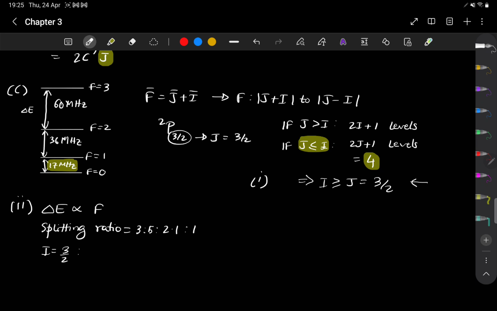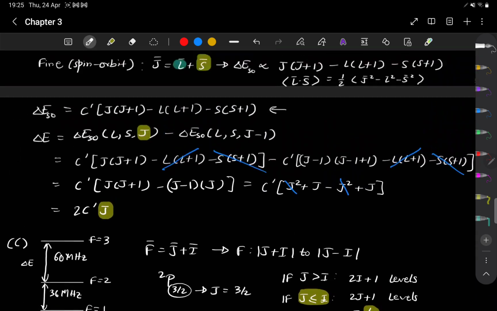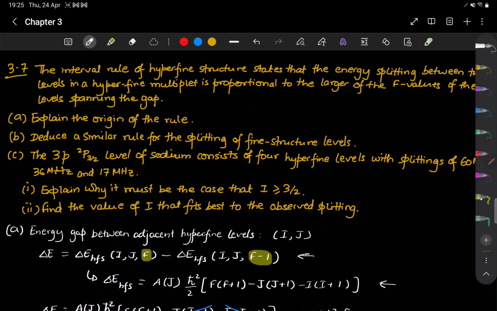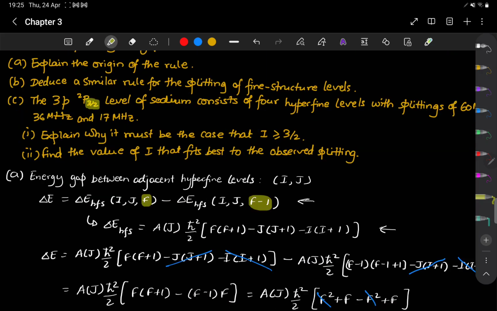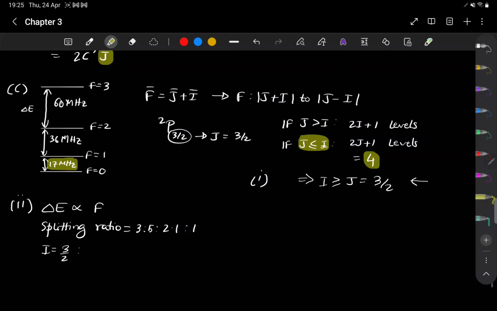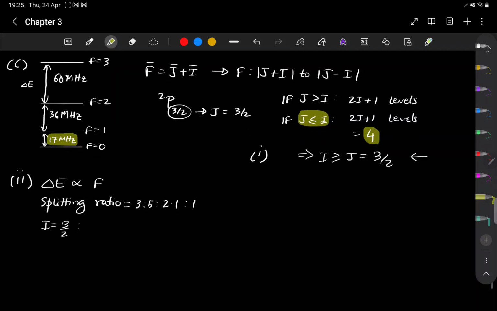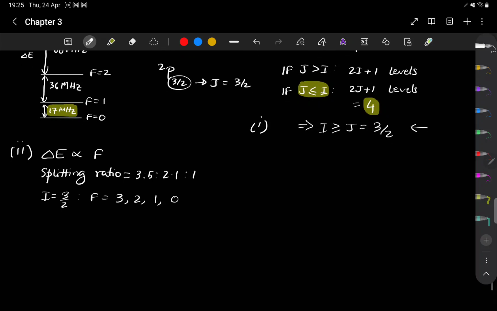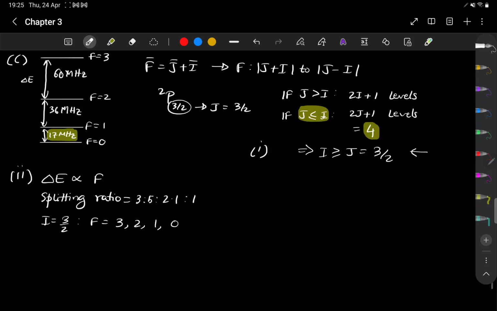F takes values from J plus I down to mod of J minus I. So 3 by 2 plus 3 by 2, that is 3, then 2, 1 in integer steps, and finally 3 by 2 minus 3 by 2, which is 0. So these are the values of F that can be taken.